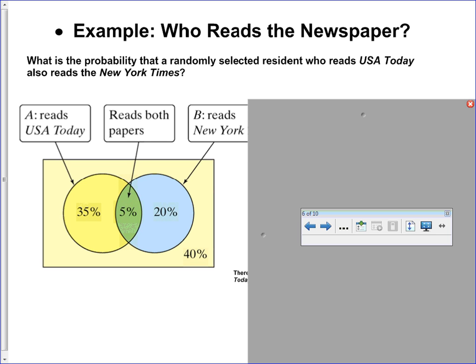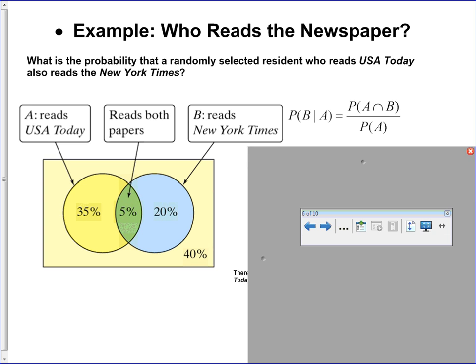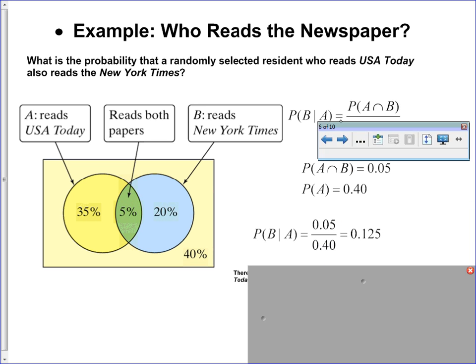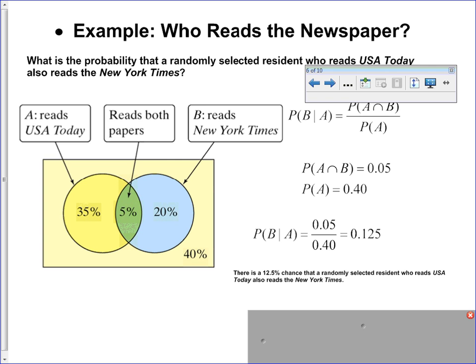And so let's show you the math using the formula. You've got to figure out, okay, what's the probability of A and B? Well, that's 0.05, reads both papers. The probability of A is 0.4, and then we start using the formula, and it becomes 0.125. But if we don't even look at the formula, we just look at the Venn diagram, it makes so much sense.